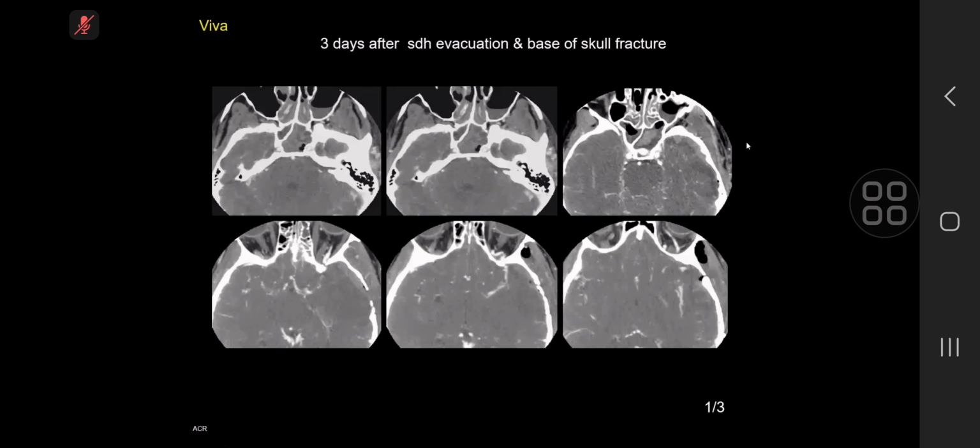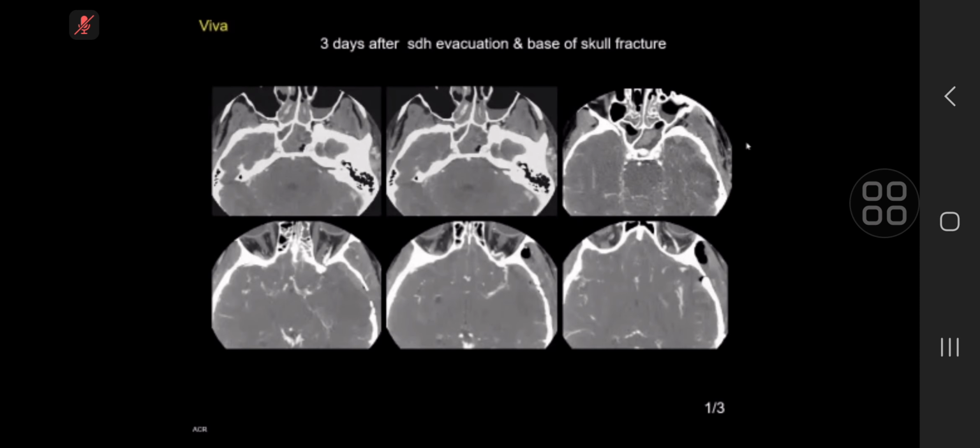Okay, so selected axial CTA slices. Having a look at the left superior ophthalmic vein, it appears slightly expanded and enhancing, which would make me think of a carotid cavernous fistula.